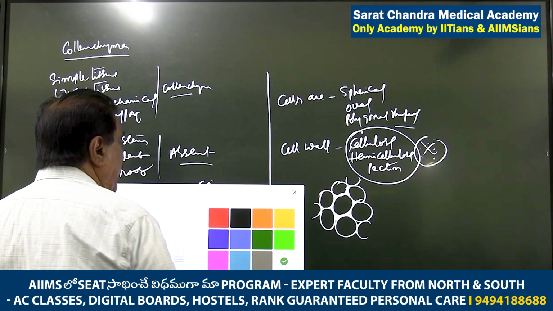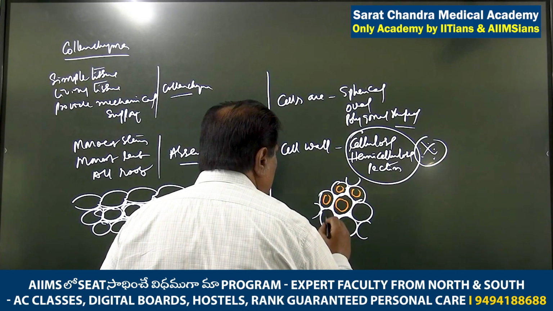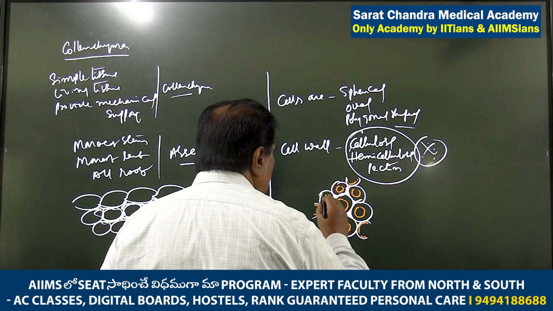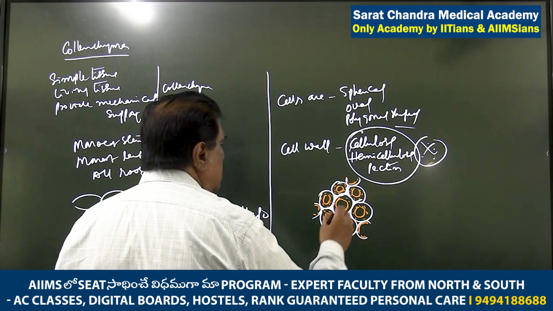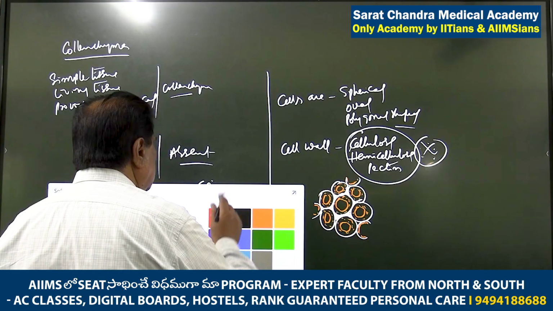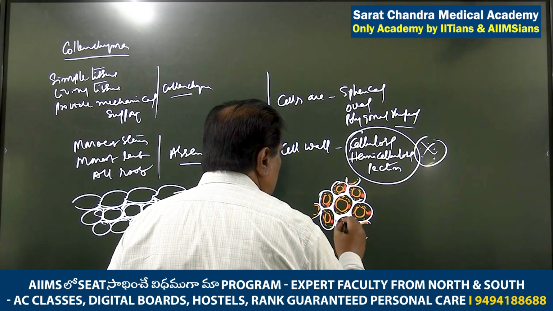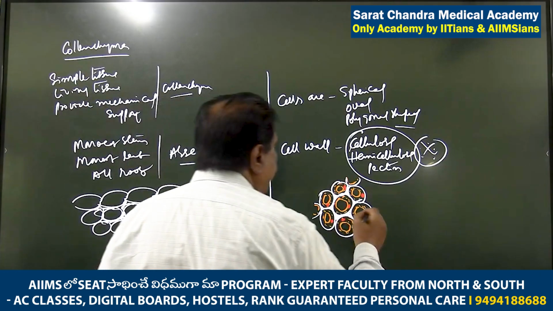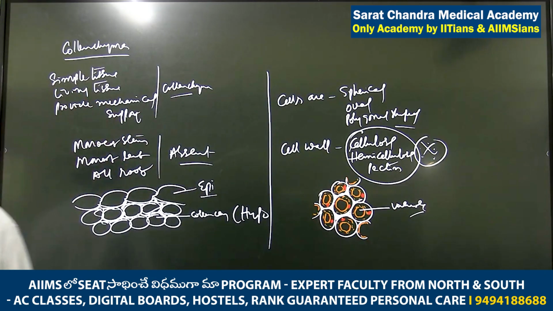So this is the vacuole. The empty space is called the vacuole. And this is the nucleus. The cells are living, having vacuolated protoplasm.